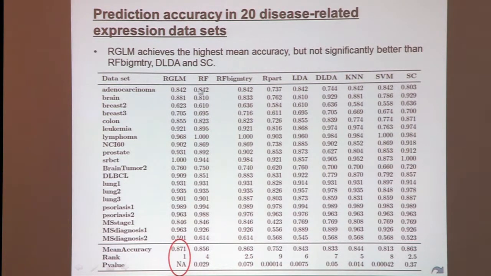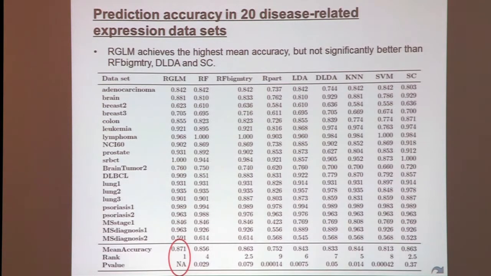Overall, the story is that all methods work fairly well. That's the good news. But in any event, you can go through this exercise and estimate the mean accuracy. And what we learn is this random GLM method really ranks highly. It takes the number one spot. And so that's encouraging.